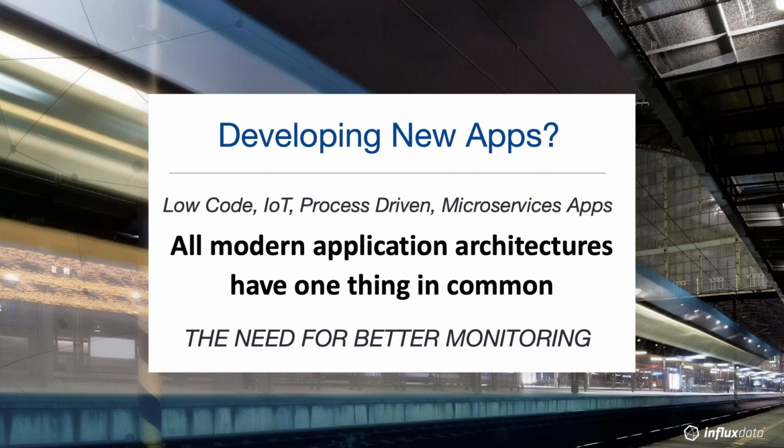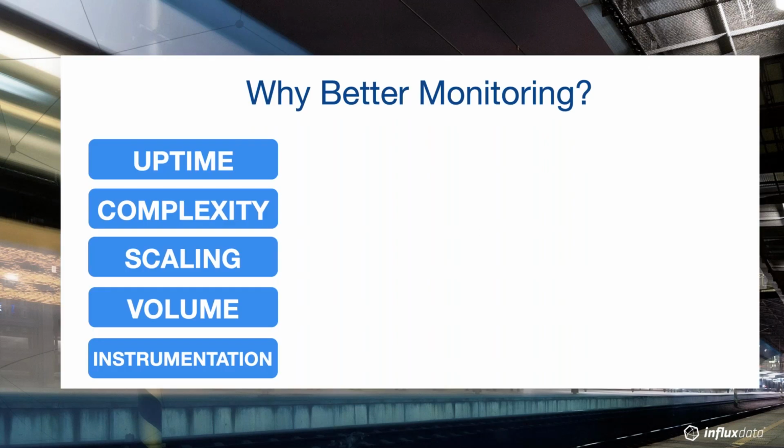Now, obviously, the question is, why better monitoring? If as a developer, I go to my manager and say, we need better monitoring for the new application infrastructure, the question will be obvious. Why better monitoring? And these are the 5 reasons. We talk about these 5 things when we talk about modern application architecture and the need for better monitoring.